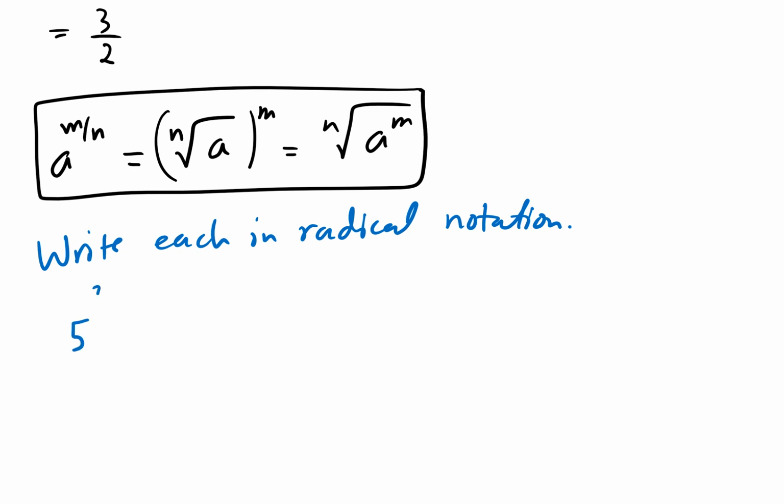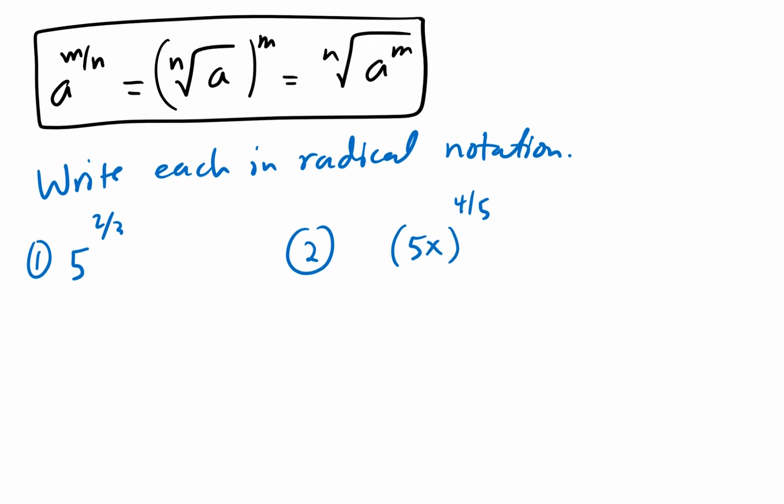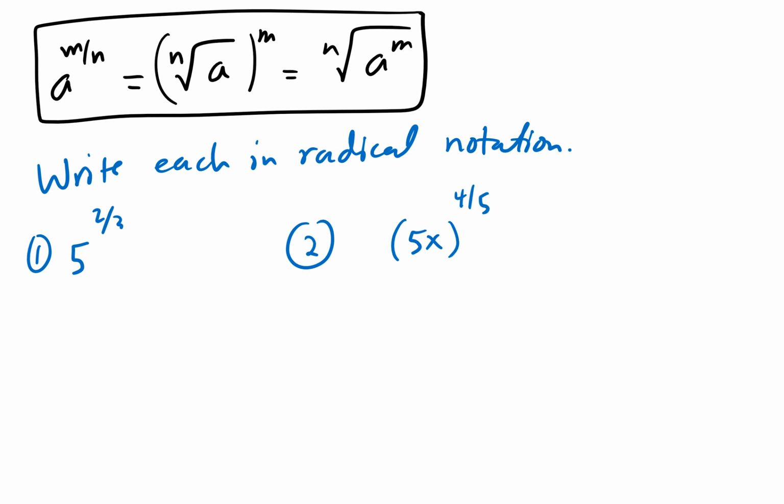Say 5 to the 2/3, or 5x to the 4/5. If you look at the formula that I just gave you, how does that go? The 2 goes inside, the 3 goes outside, and that gives us the cubic root of 25.